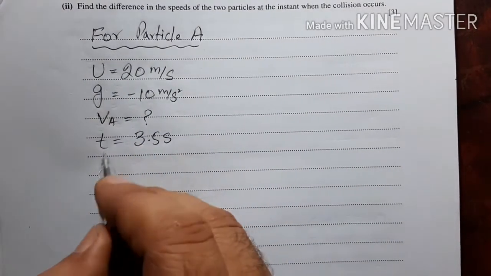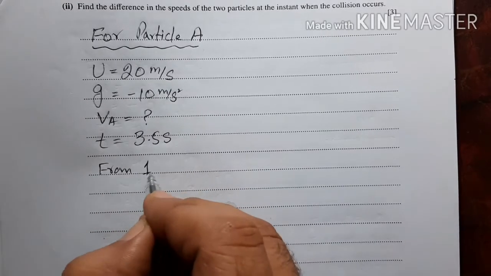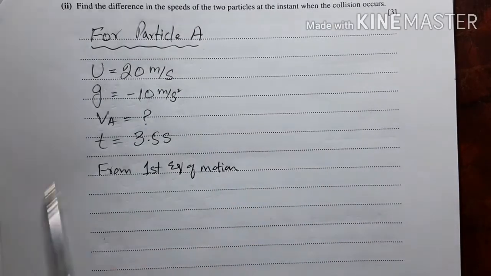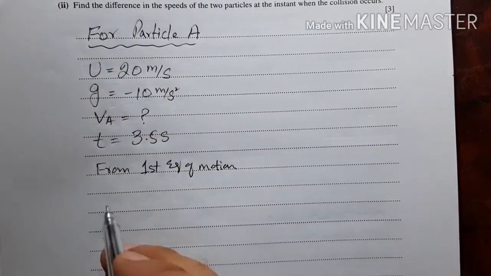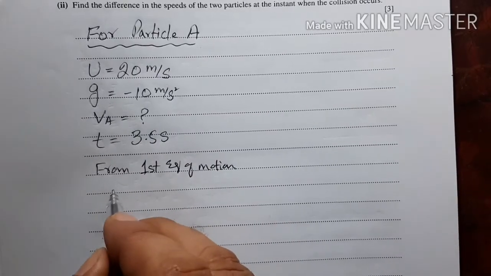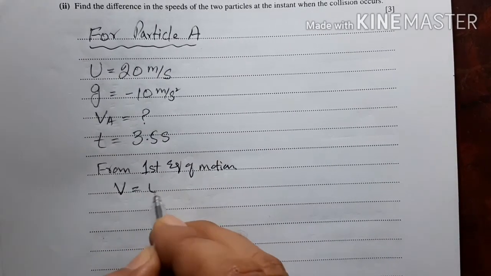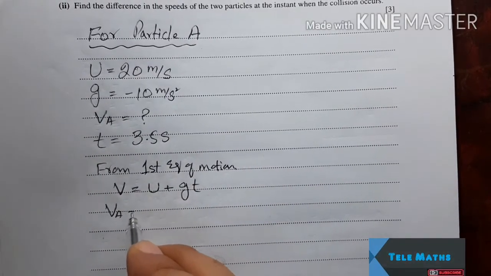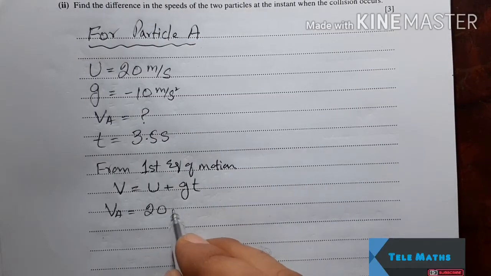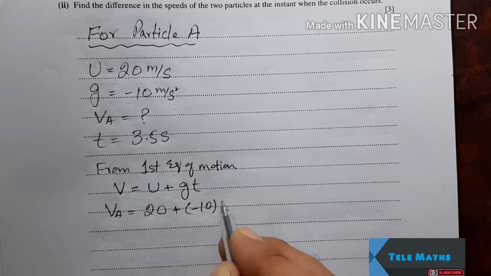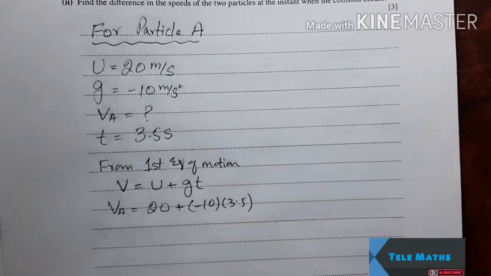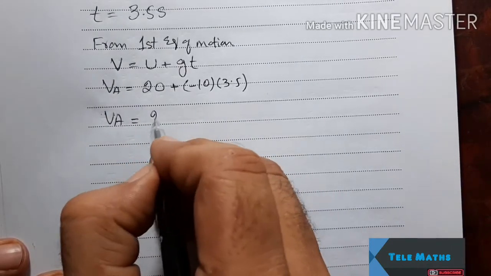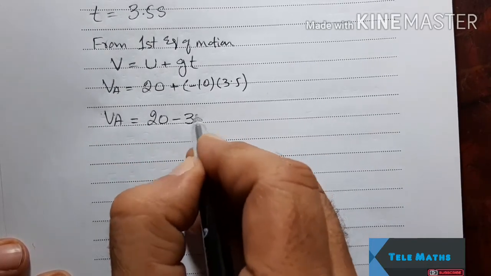So from the first equation of motion, because if you see these values carefully, you can easily judge. V is equal to U plus GT. So VA is equal to 20 plus minus 10 into 3.5. So this will become VA is equal to 20 minus 35.